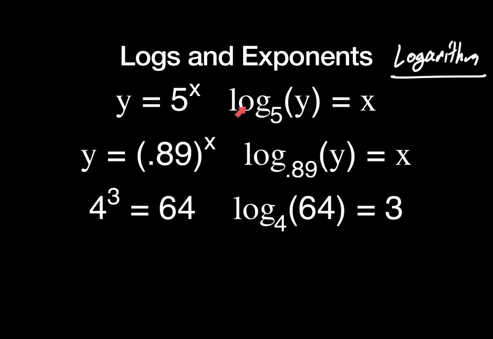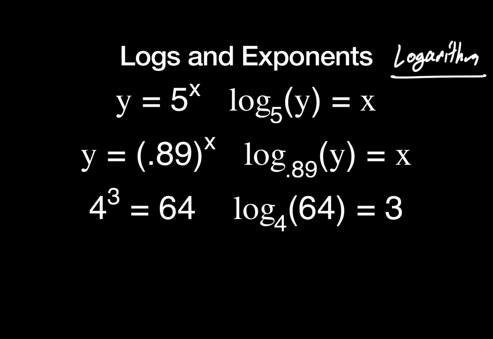When I look at a logarithm, this number down here is also referred to as my base. So this is log base 5. And the way this translates is log base 5 of y equals x. So the exponent is what it will equal. In this case, the exponential equals y; in a logarithm, it'll equal x.